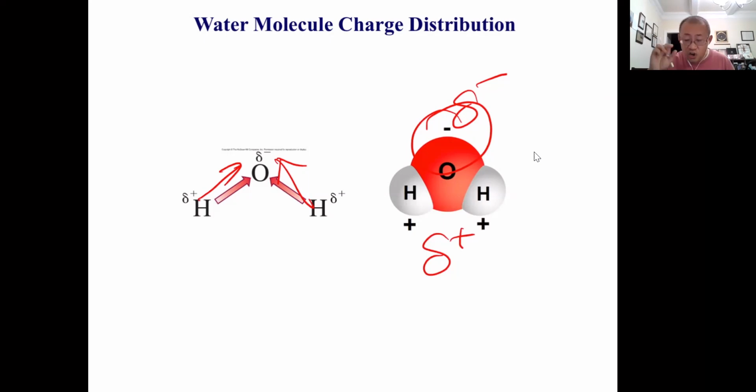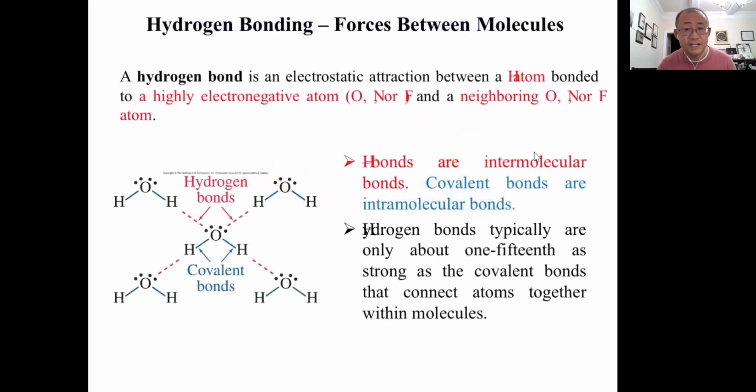And because the charge is not evenly distributed, when you have a bunch of water together, the water molecules are going to interact with each other through charge interaction. The hydrogen of one water can interact with the oxygen of another, and the oxygen of one water can interact with the hydrogen of another.